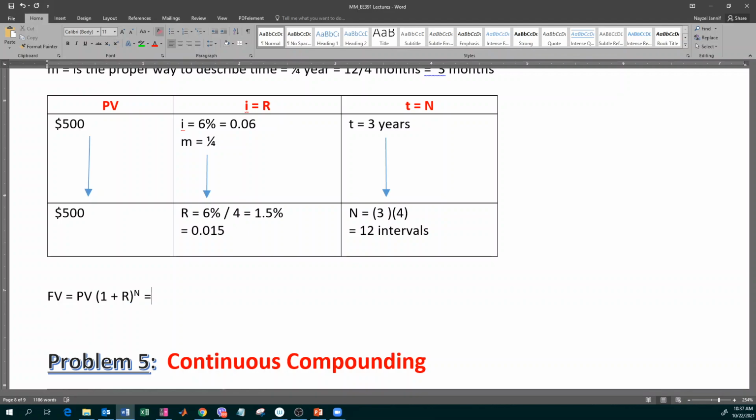We get present value $500 into 1 plus, what is our R? 0.015, to the power of 12.